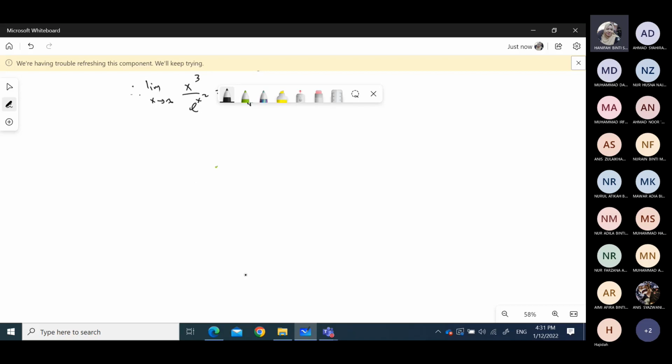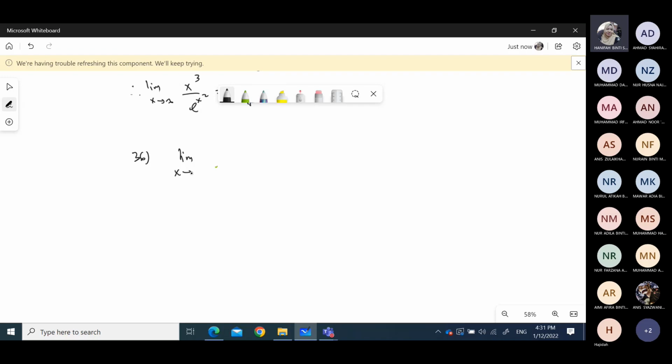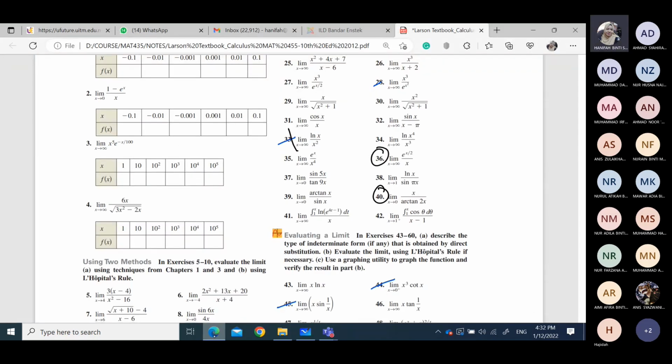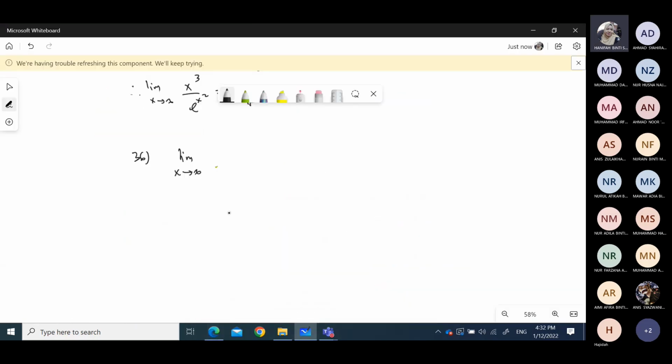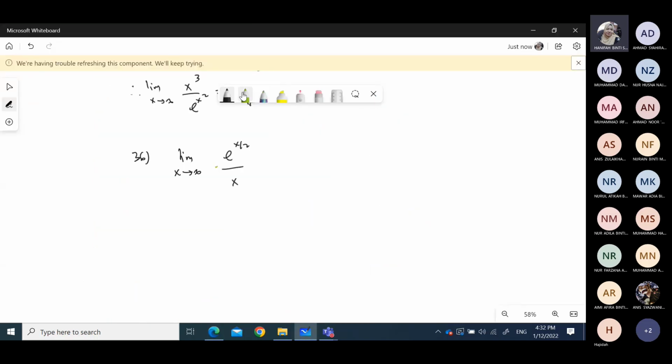Okay, so our question is 36. 36 is the limit as x approaches infinity of exponent x over 2, over x. So this is simple. For the limit as x approaches infinity of exponent x over 2, x over 2 goes to infinity over 2, which is infinity. And the denominator is also infinity.